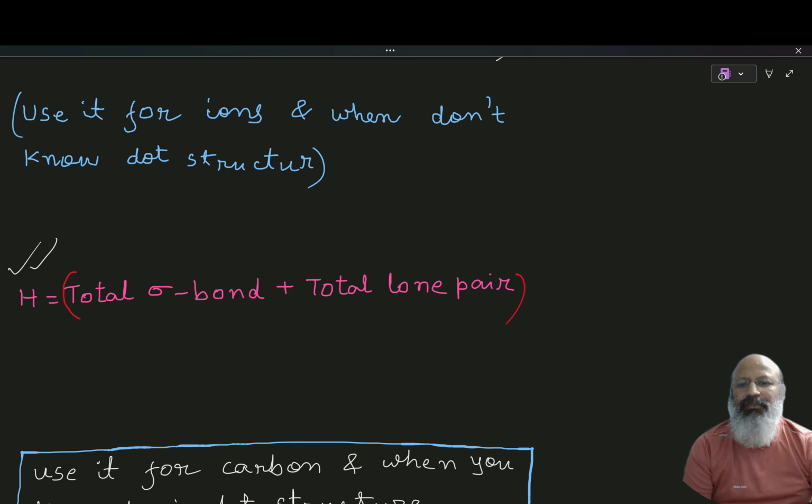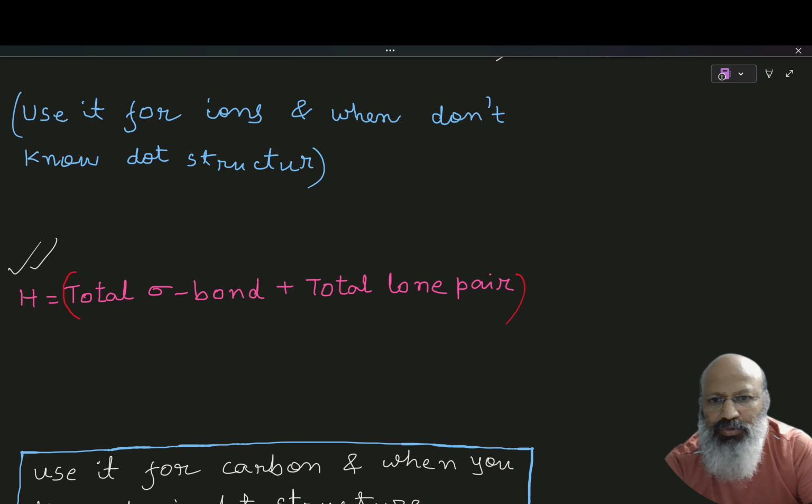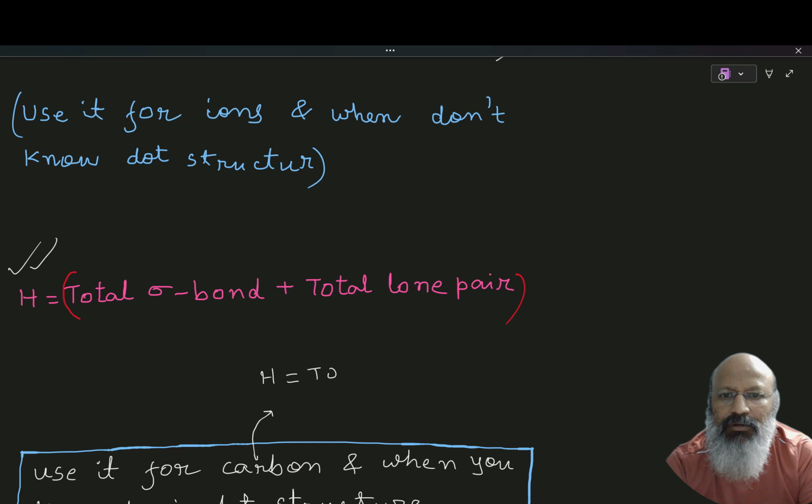So literally for carbon you need to only count sigma bonds, no lone pair. So for carbon, your formula will be only: hybridization is equal to total sigma bonds.